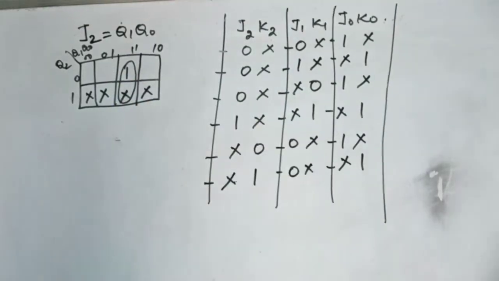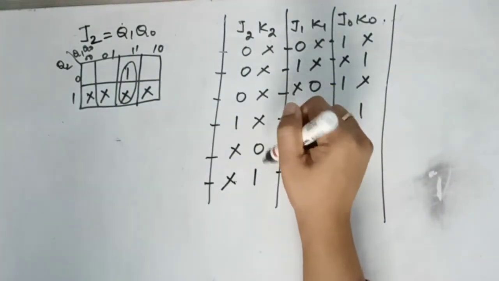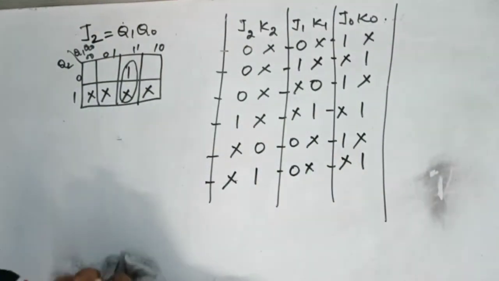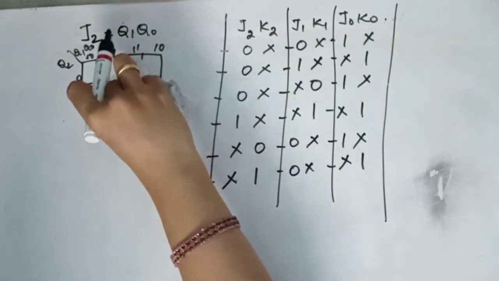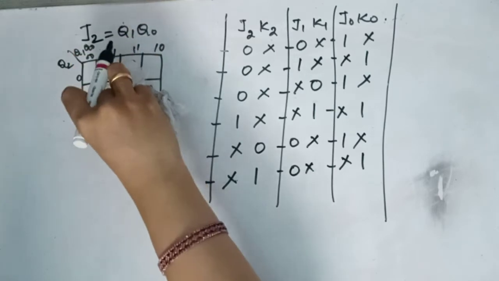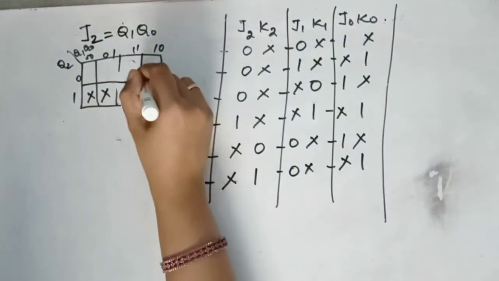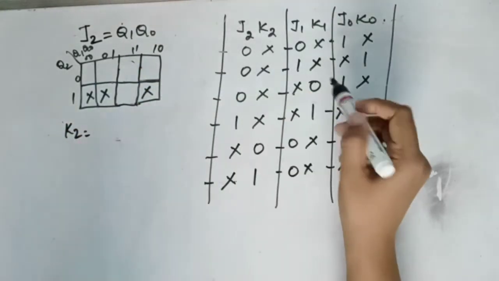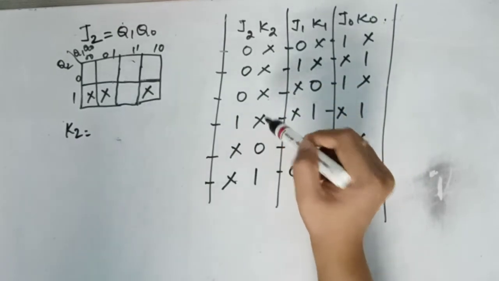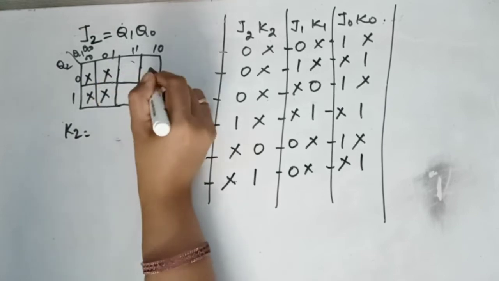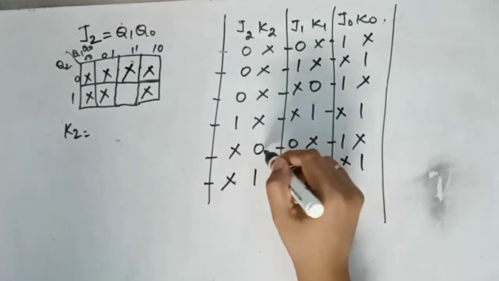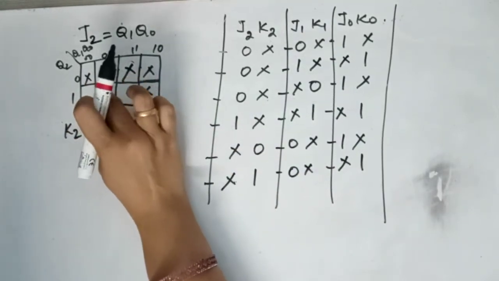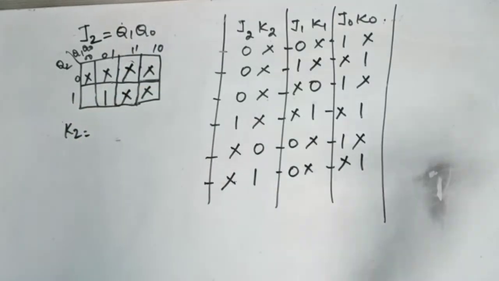And K2 is, for K2 it is 0 1 2 3, 0 1 2 3 it is don't care. 4 is 0. 5 is 1. 6 and 7 is don't care.